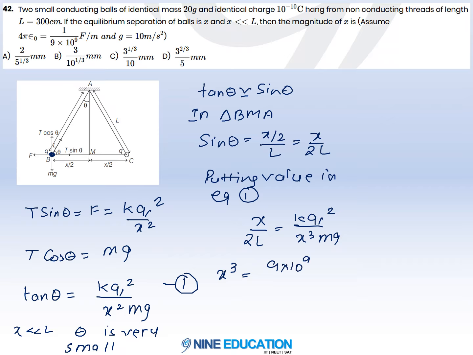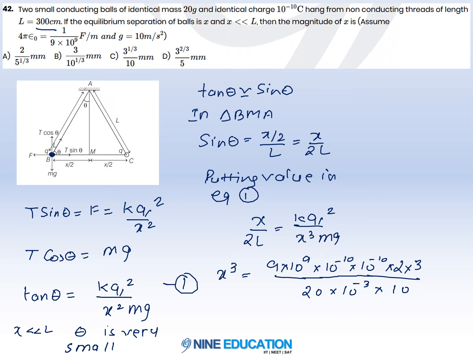The value of charge is 10 power minus 10 into 10 power minus 10. L is 300 centimeter, so directly I can write 2 into 3 meter, upon mg. The mass is 20 into 10 power minus 3, into g. g is 10.